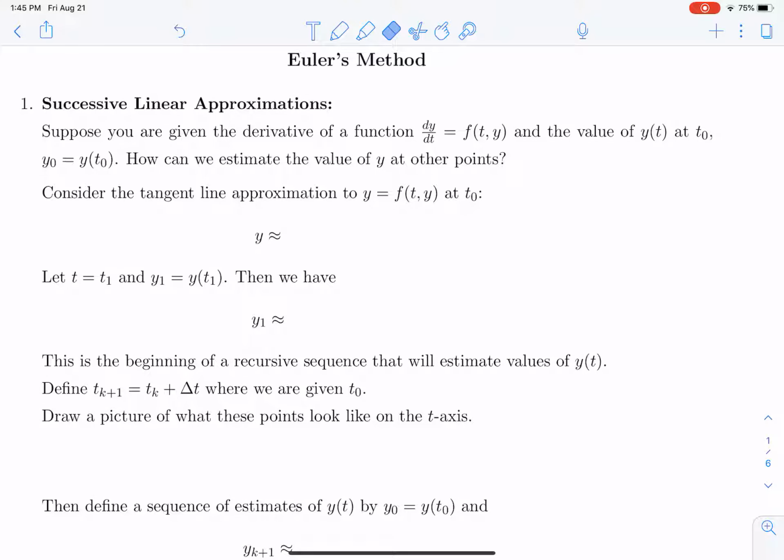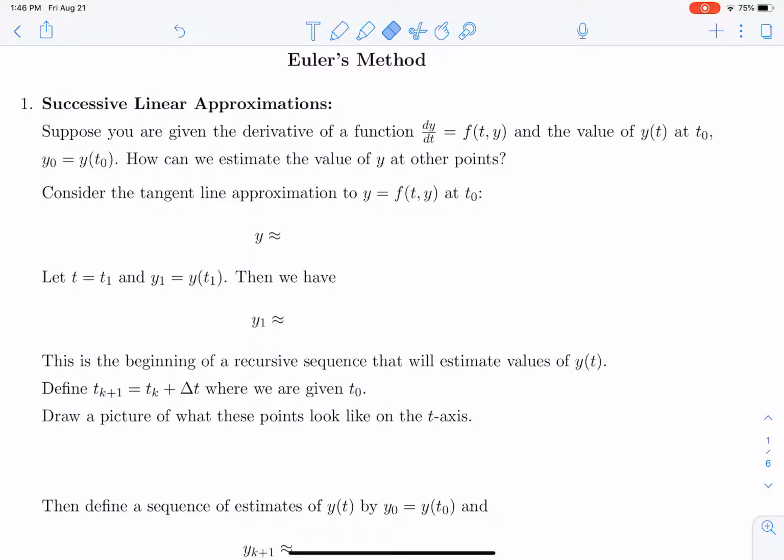So here's the problem that we're given. Suppose that you're given the derivative of a function, dy/dt equals f of t, y, and the value of y of t at some initial point t sub 0. We're going to call that initial value y sub 0, which is y of t sub 0. And the question is, how can we estimate the value of y at other points?